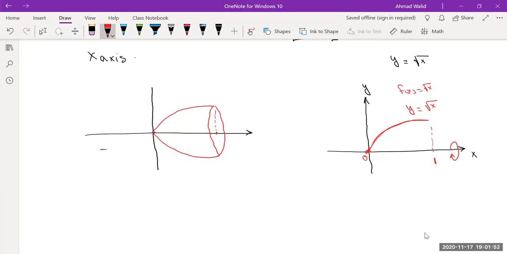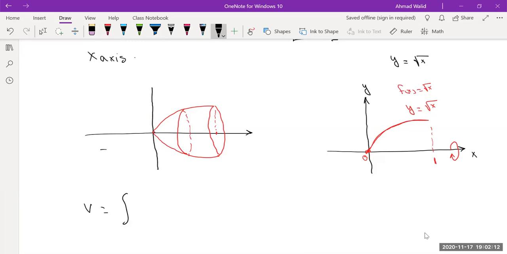This is the rotation. When you rotate this graph about the x-axis, it gives you a shape like this, and your cross-section will look like this. Again, you see your cross-section is what? A circle, correct?